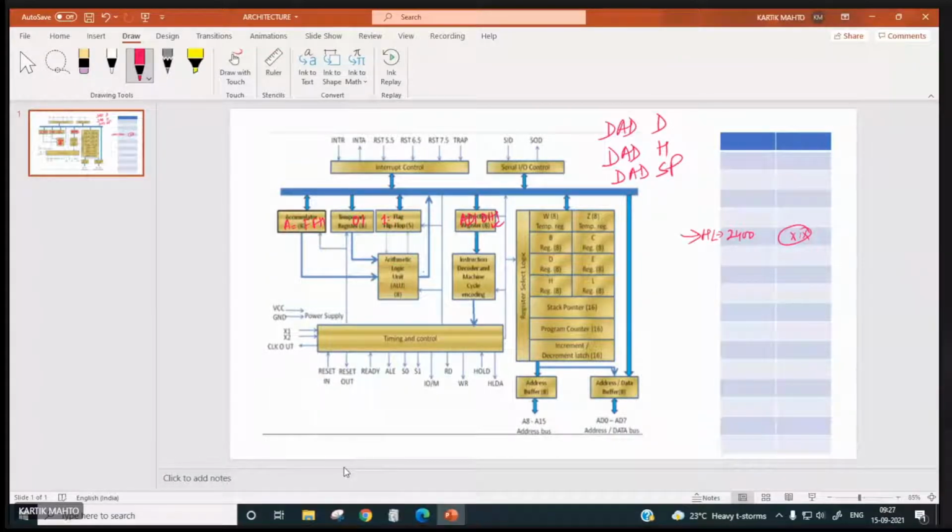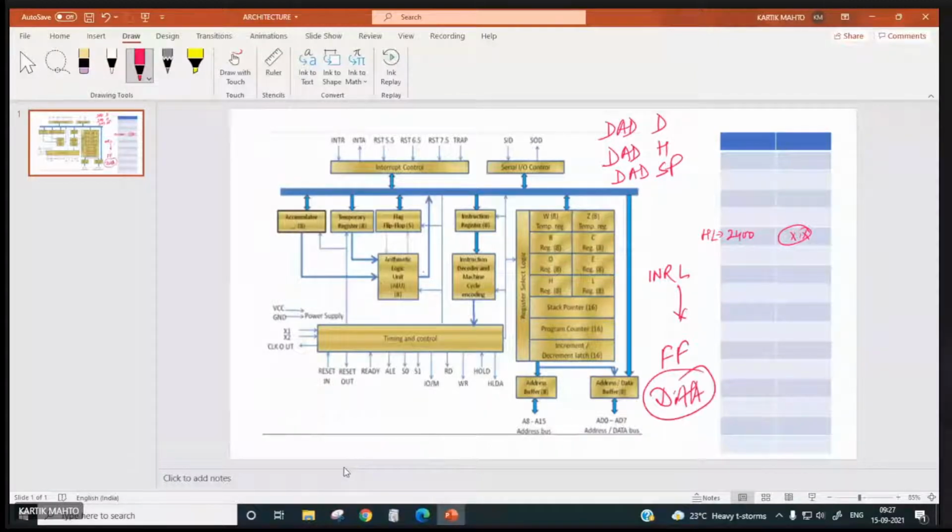Based on this, we had one question in the quiz, the INR example. We can use it till FFH, provided we don't have any instruction like DAA in the program.